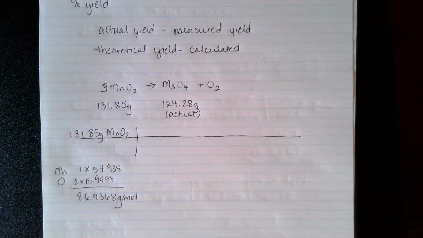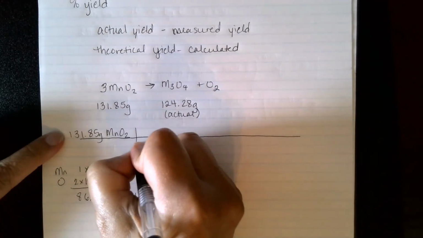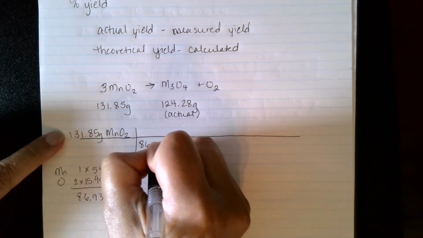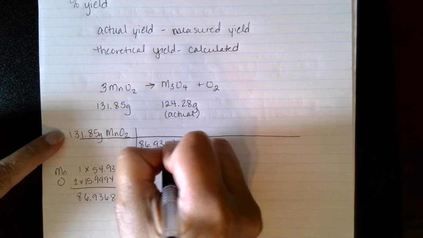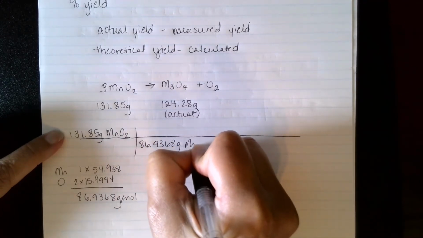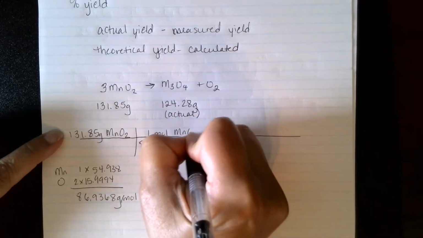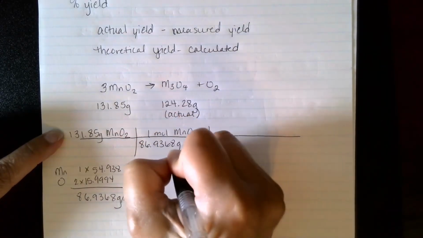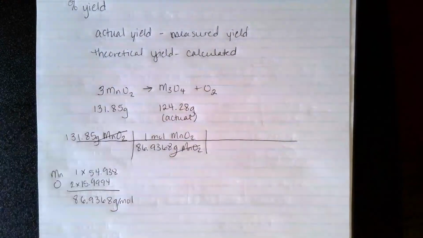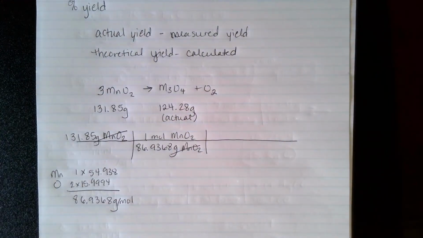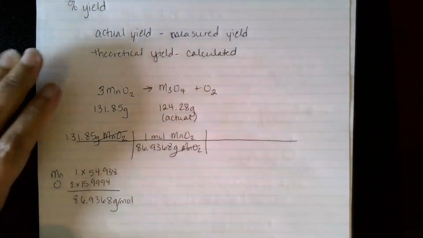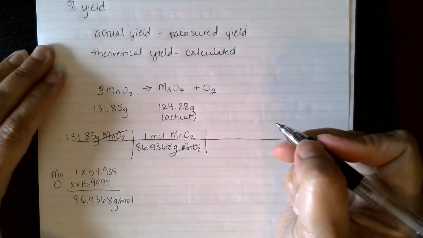Alright, so since I have grams on the top, I'm going to put the grams on the bottom. Okay, then my next step is I'm going to do that mole to mole ratio, and I'm looking at my coefficients in my balanced equation.